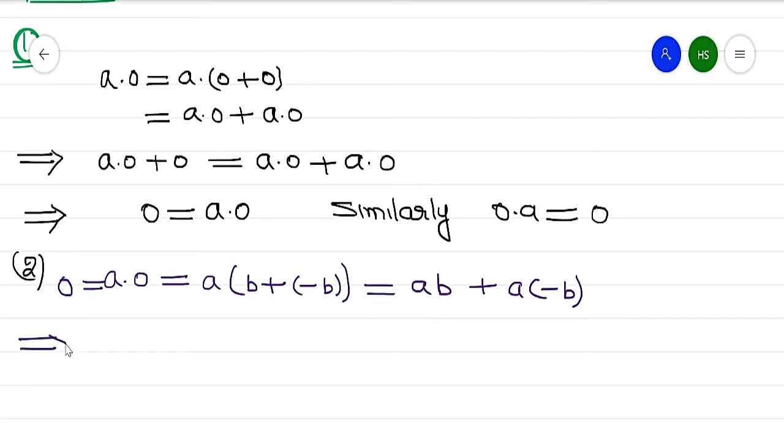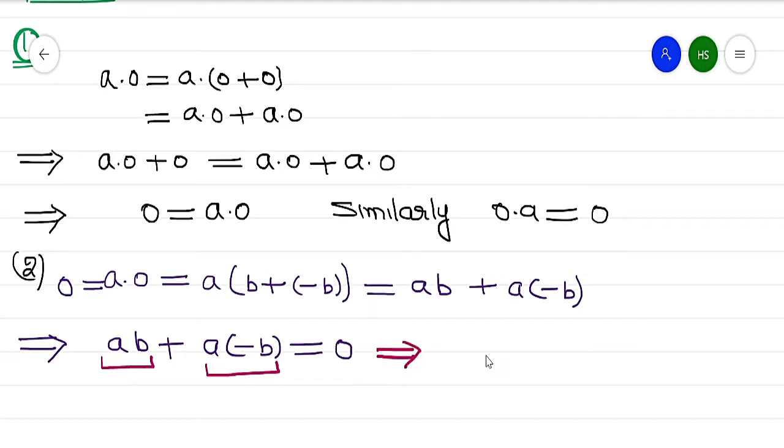It implies ab plus a into minus b is equal to 0. So this element is the additive inverse of this element, and similarly this element is the additive inverse of this element. So we get a into minus b is equal to minus ab, because it is an additive inverse.